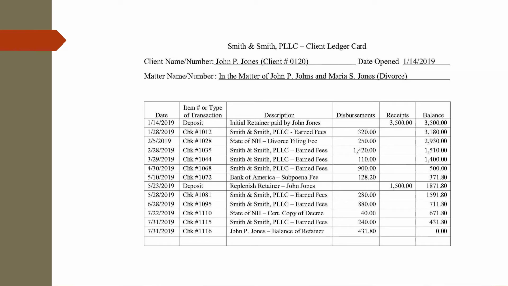In addition to all of the transactions for this matter being listed on this ledger card, every one of these transactions would also be listed in the check register for the IOLTA account. A ledger card is effectively the check register or receipt and disbursement journal for just one client or matter. If someone were to take all of the ledger cards for the IOLTA account and combine them, the result would be the check register.